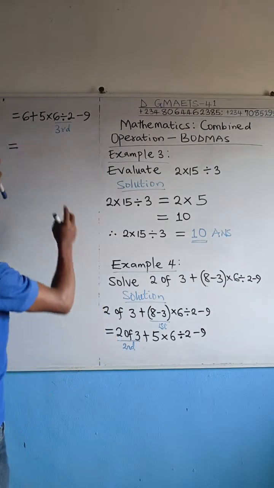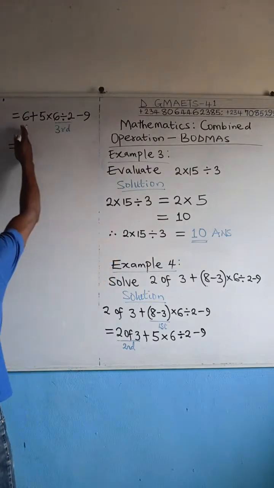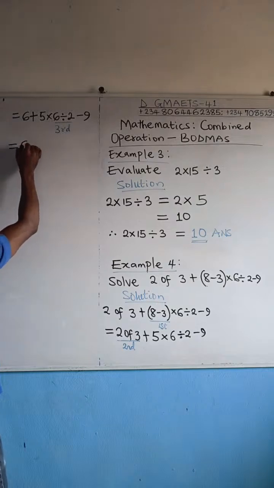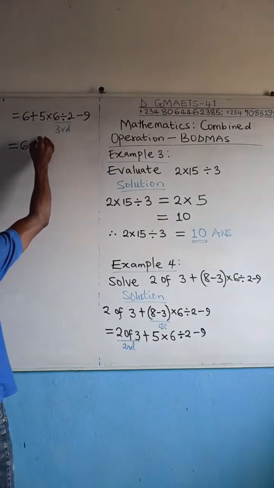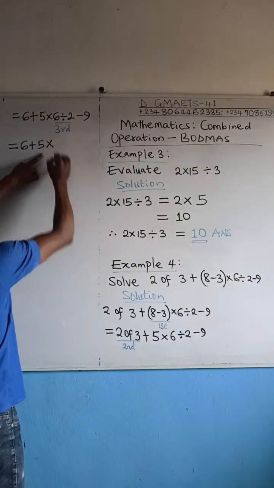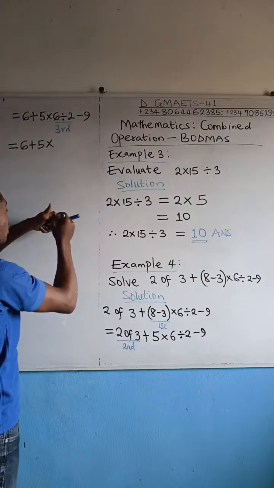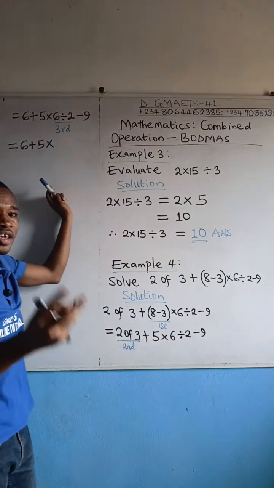But do you need to punish yourself, solving this separately, the other separately? No. Follow it the way it is. Maintain your 6. You are not meant to touch this 6 plus 5. It is not yet time for addition. Then bring down the times. After times, you have 6 divided by 2. This 6 divided by 2 will give you 3.